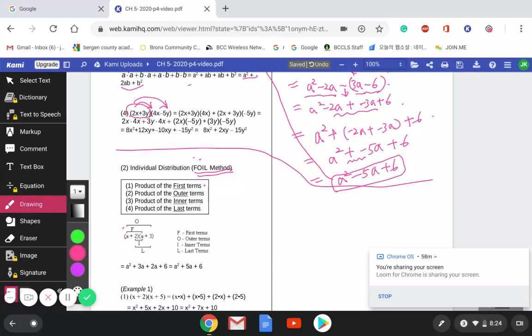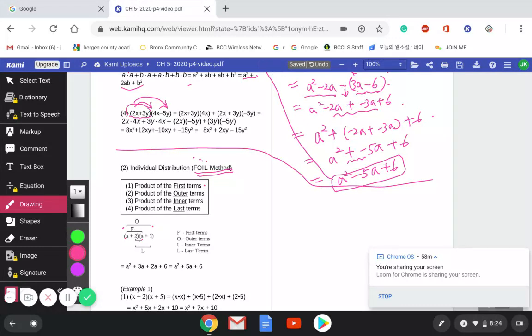So a is outside on the left side, and 3 is outside on the right side. So you multiply them. And I for the inner one, 2 and a, the inside ones, and L for the last one, 2 times 3. So we call this foiling it.